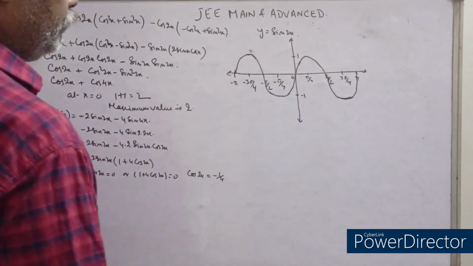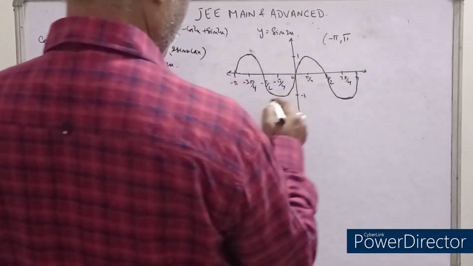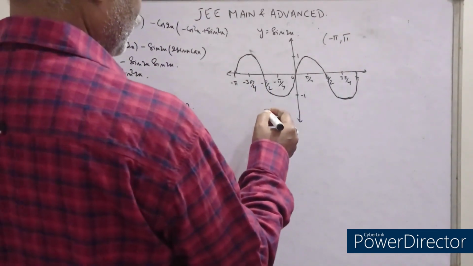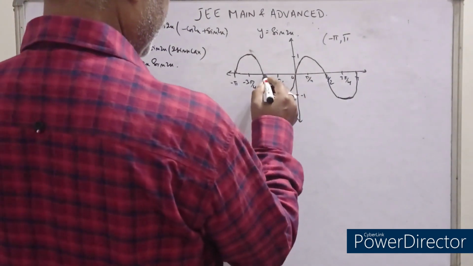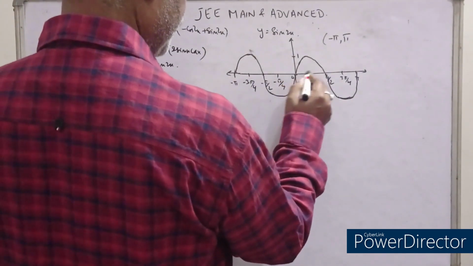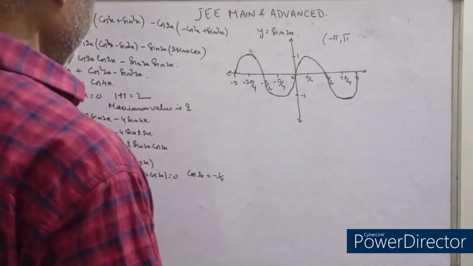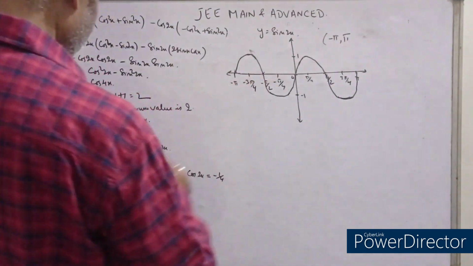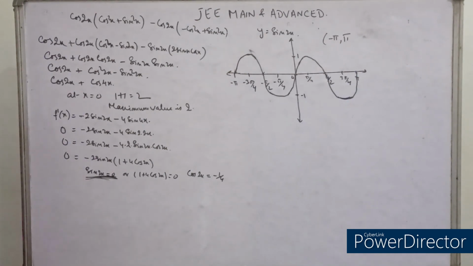So in the interval minus pi to pi, f dash x is equal to 0 at 3 points: 1, 2, 3. Your f dash x is 0 where sine 2x is equal to 0.